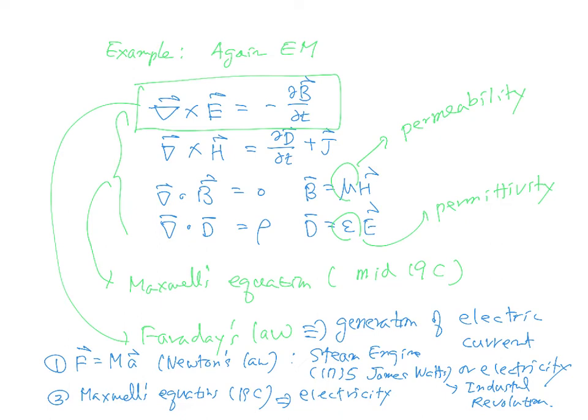Hertz in 1894 discovered that you can produce electromagnetic waves and detect them over a distance. So electricity with the electromagnetic wave constitutes modern technology, right? Information technology.